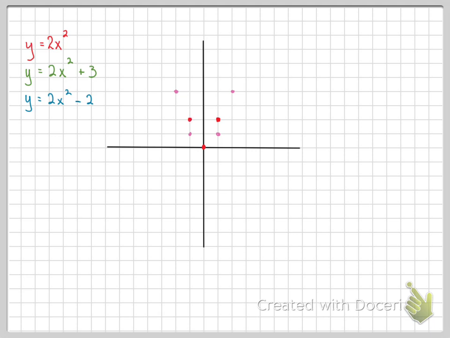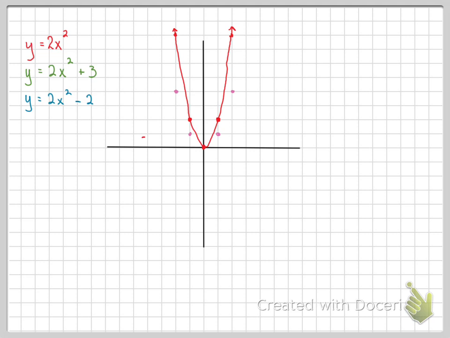And then up there we have y is 4, now y is 8 with the same x value. So here are the coordinates for y equals 2x squared.